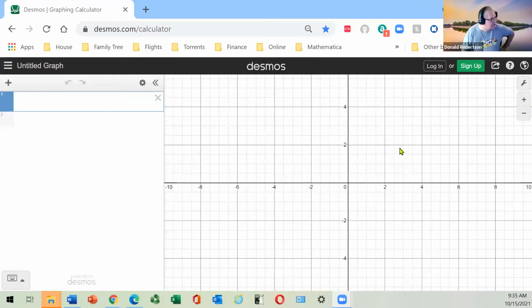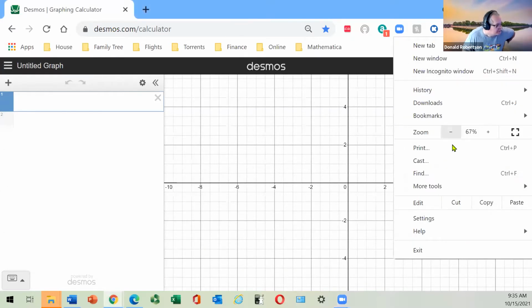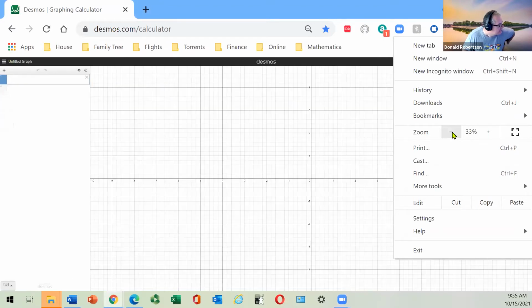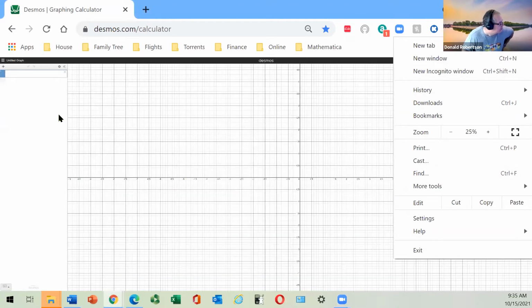Here we go, I think it's here. Zoom is just being awkward. Sorry about all this waiting. Right, I think I got it. Are you looking at Desmos now, guys? Yeah, okay, good. Let me shrink it up a little bit. I need to see as much as I can.